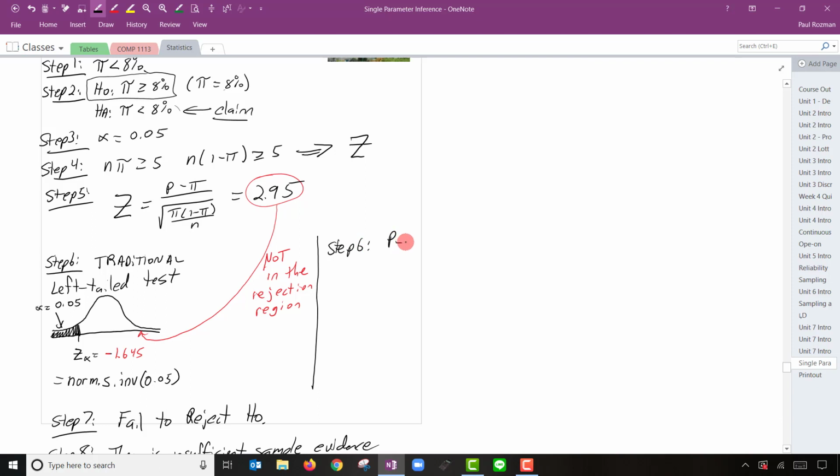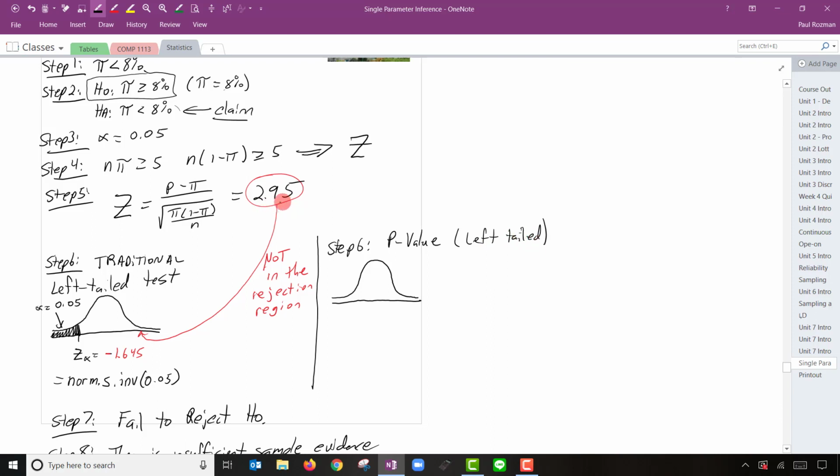I want to do step 6 again as a p-value. The p-value method we said is just calculating the probability of getting a result as extreme or more extreme than you observed. Well, it really depends on what kind of test it is. In this case, left-tailed. Remember, HA points the way.